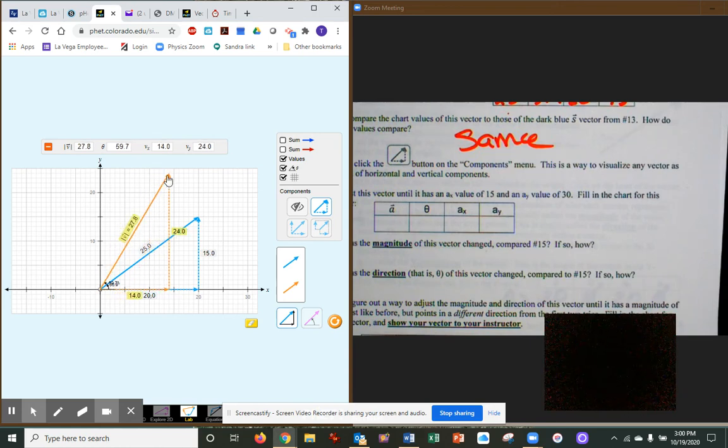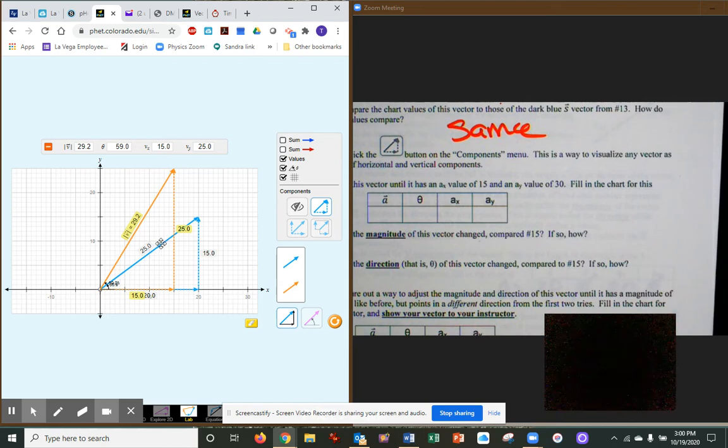I want my X to be 15, and I can't go up to 30, so just go to 25. They didn't give us a large enough graph paper. So do 15 and 25. In theory, we took this one and moved it up there.